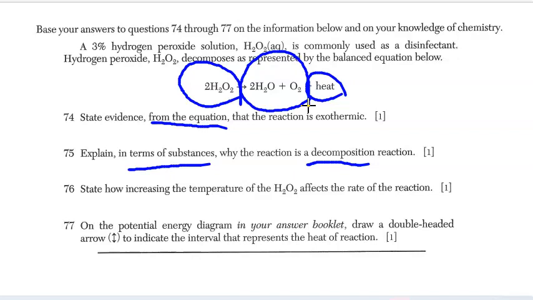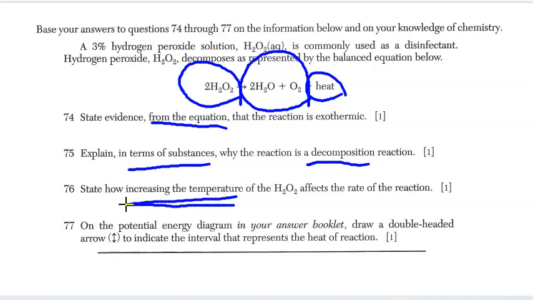Increasing temperature increases the rate of reaction. Now it says how. Well, how does it increase it? It provides more energy to the molecules of H2O2, and it increases the number of collisions between the H2O2 molecules.